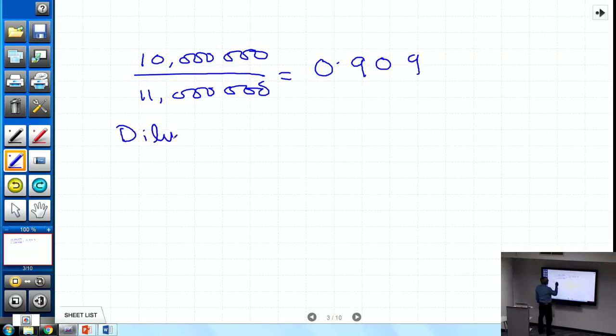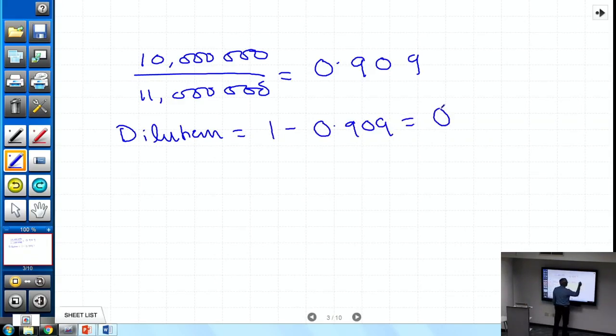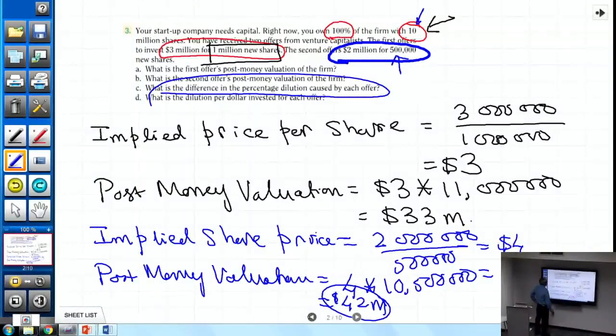So now you can calculate dilution. The extent to which it has been diluted is 1 minus 0.909, which is 0.091. And similarly, you could calculate the dilution for the second offer, which comes out to 0.048, and then you can take the difference between the dilutions.